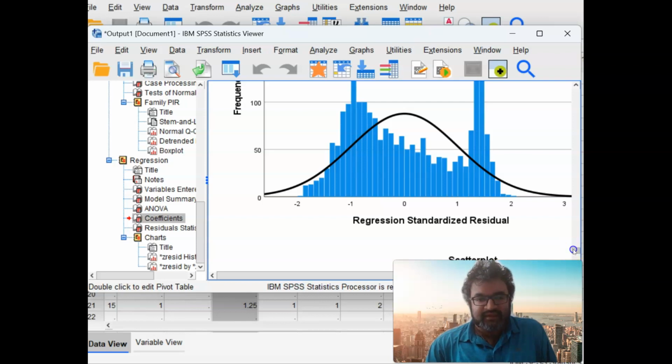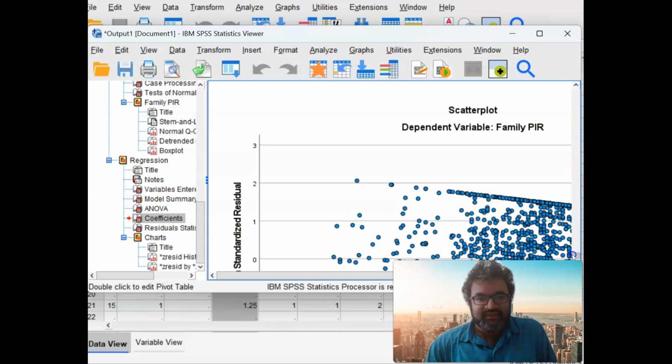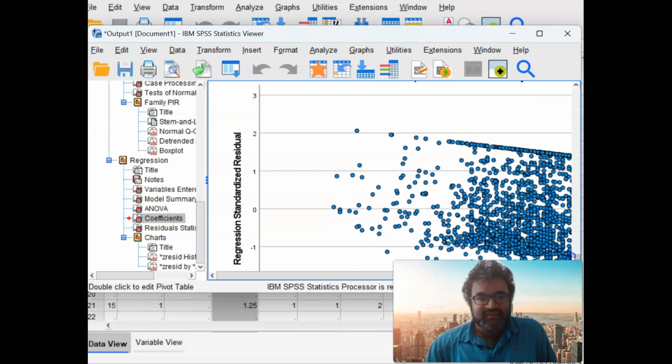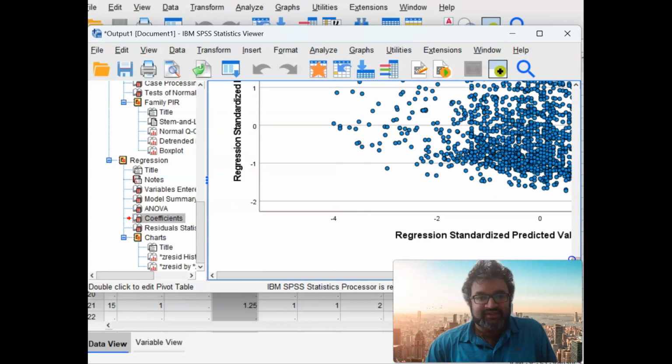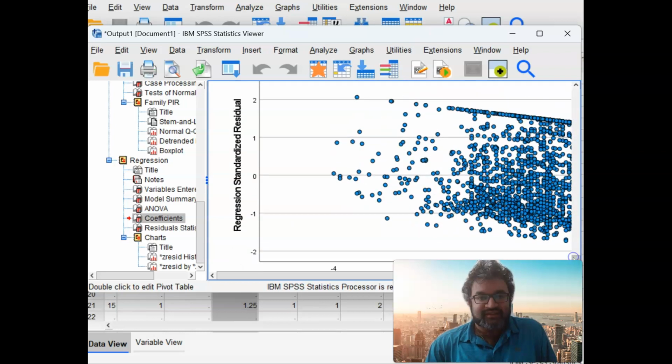So if we look at some of these scatter plots, the dependent variable versus the regression standardized residual, and this is one of the plots that we looked at, then if you look at the standardized residual, if it's staying the same, then there's homoscedasticity.